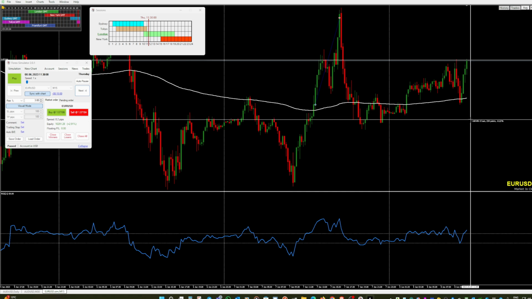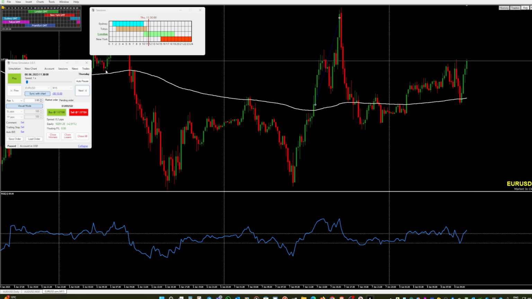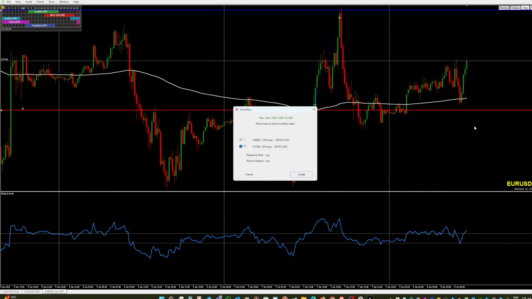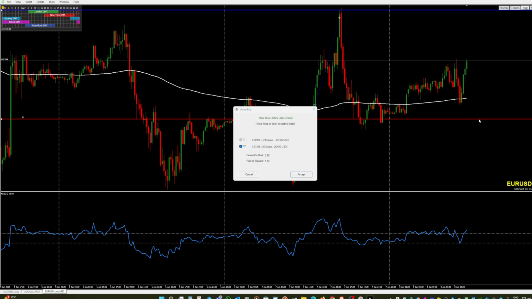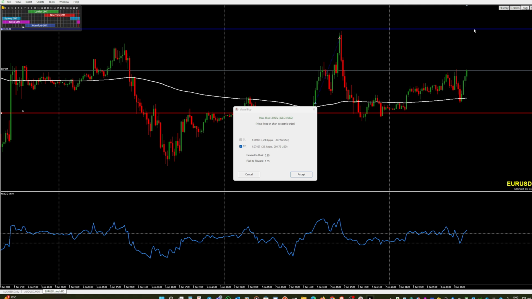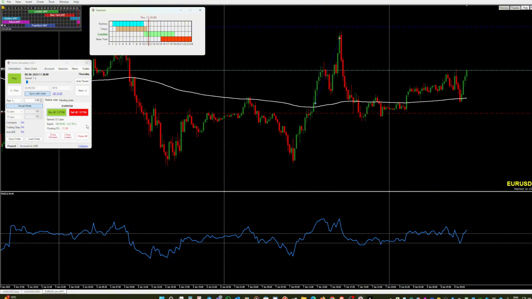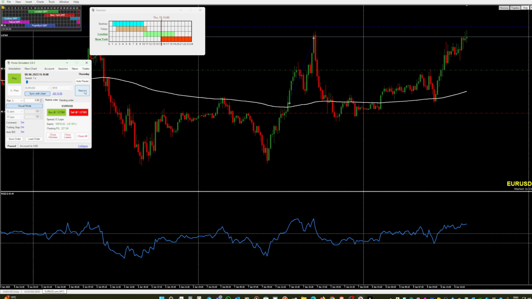So it looks like if I go for the low of the day as the stop loss, it's about 23 pips. So let's put on a buy. And we want to make this a 1-to-1. Okay, that's it, done. Let's see how we went today, if we win or lose again.